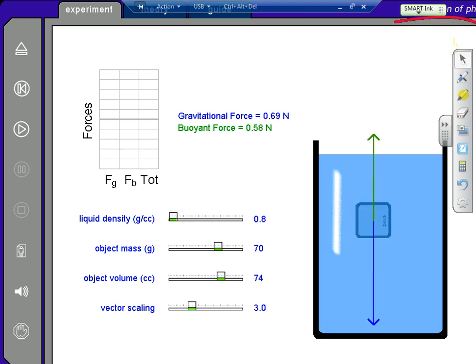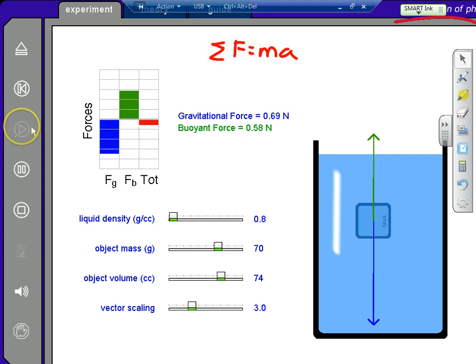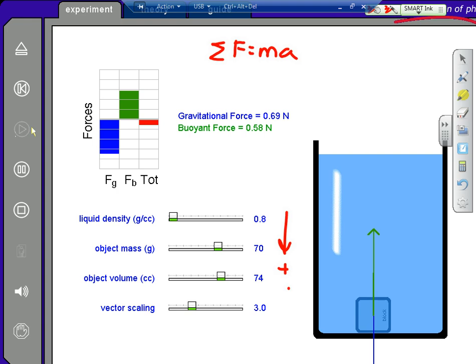And we are going to ultimately be able to start doing sigma F equals ma equations with this type of problem. Because in this example, if I were to just let it go, we can see that the object is sinking. So overall, it has a downward acceleration.